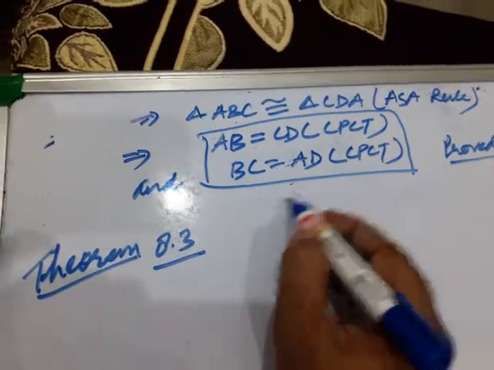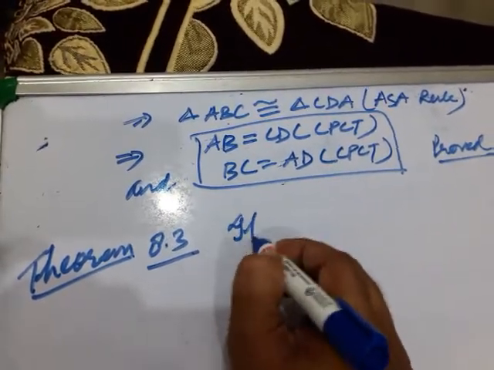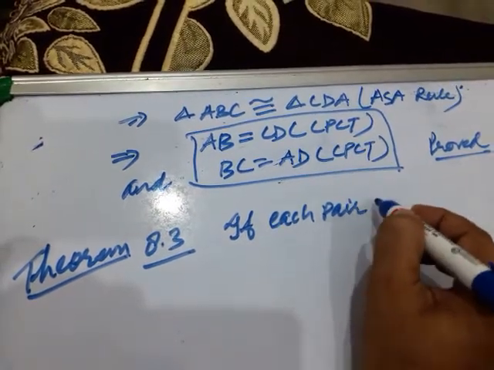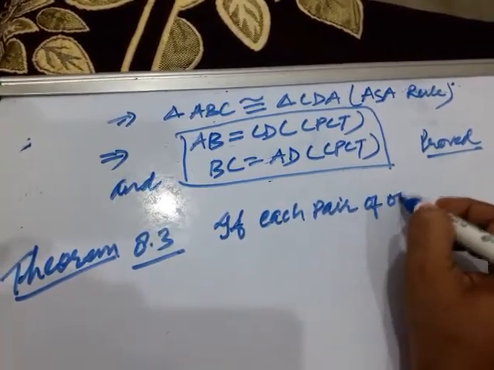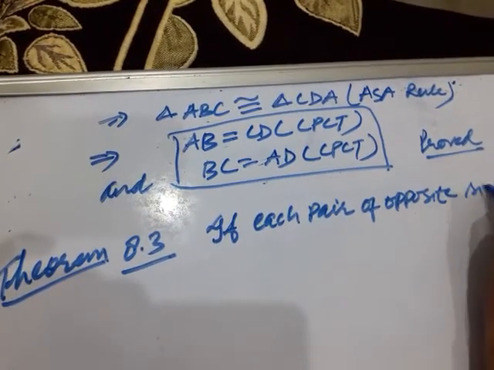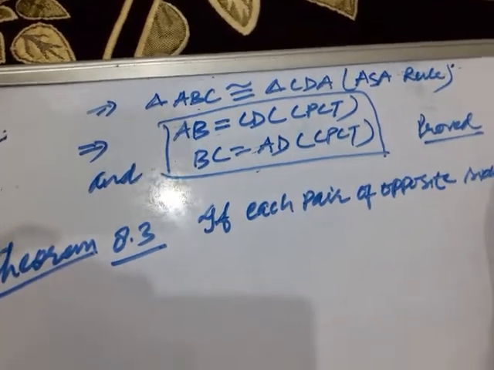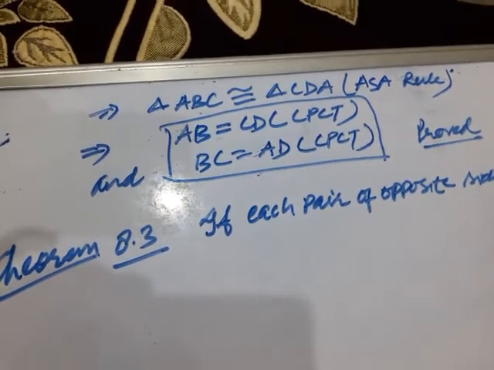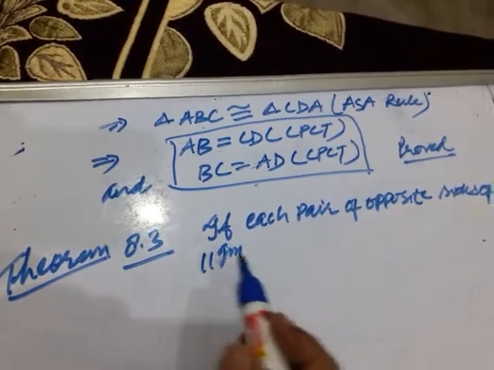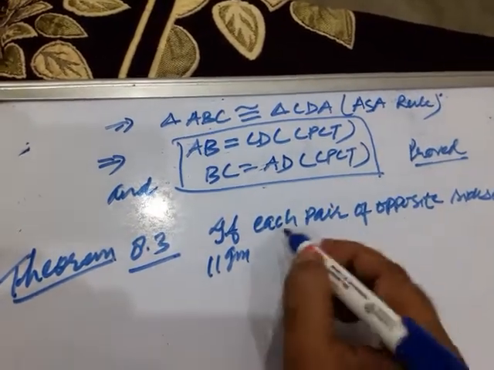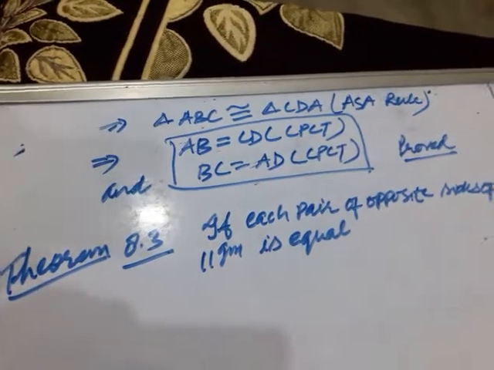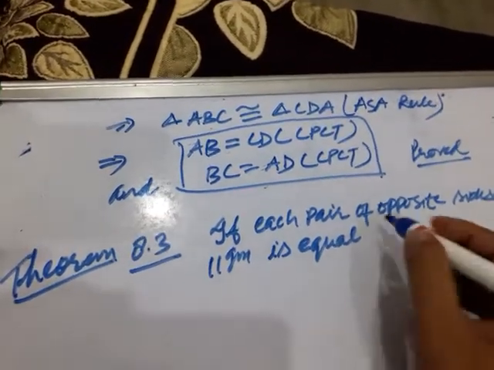If each pair of opposite sides of a parallelogram is equal, then it is a parallelogram.